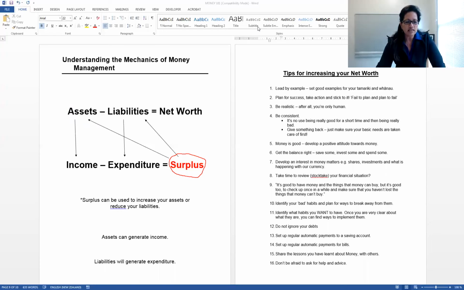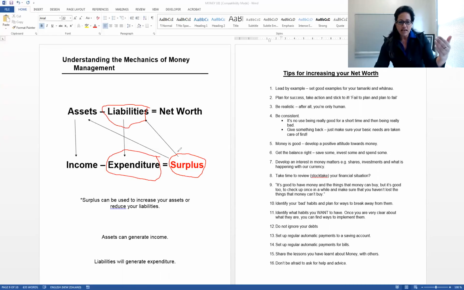The other thing is that she can start thinking about her liabilities too. Now that she's got them written down, she'll see them and be able to ask, what can I get rid of with my surplus? What can I get rid of sooner rather than later? She might decide to reduce her liabilities so she can reduce her expenditure. If you have more money in liabilities, you have to pay interest or penalties or whatever.